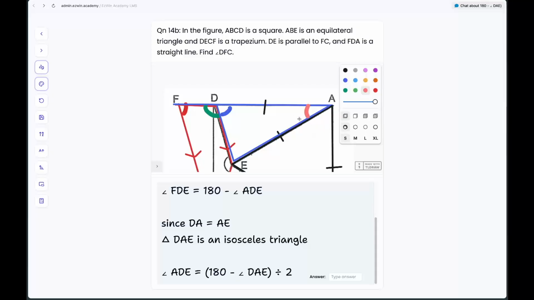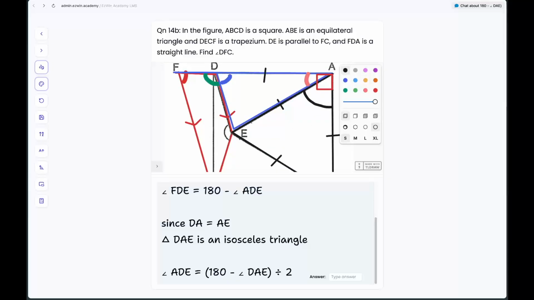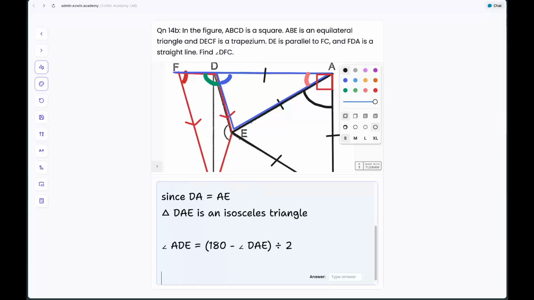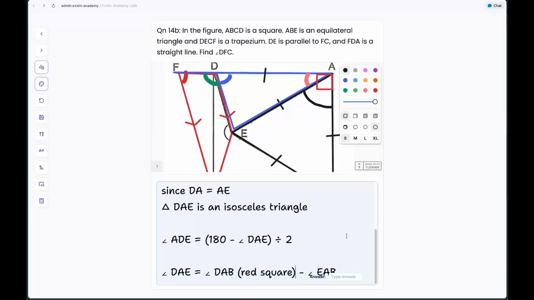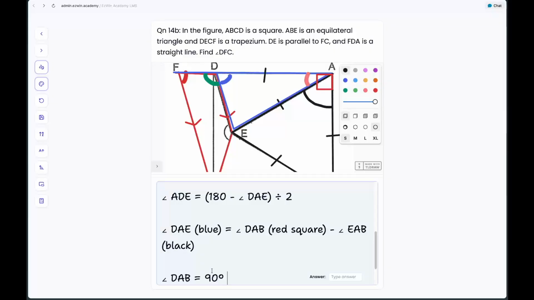So how do we find angle DAE? Angle DAE is part of the corner of the square, which is the right angle, minus this angle EAB, in black. So angle DAE is DAB, the red square corner, minus angle EAB. Since DAB is the corner of a square, this is 90 degrees.